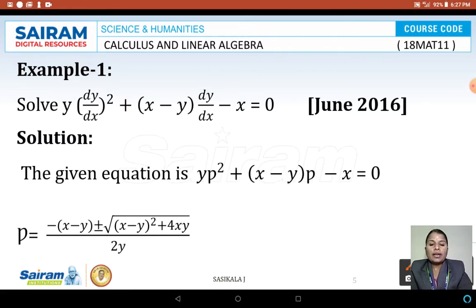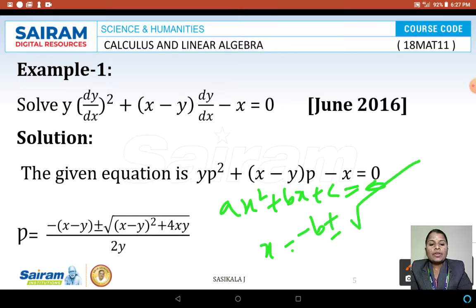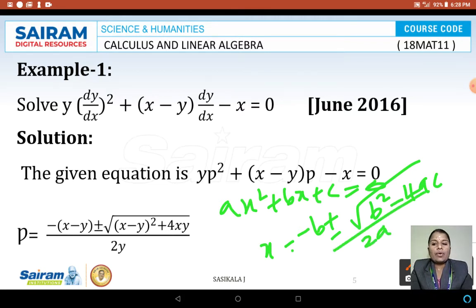If you have a general equation a x squared plus b x plus c is equal to 0, then x is equal to minus b plus or minus root of b squared minus 4ac by 2a. This is the general way of finding the roots of a quadratic equation.